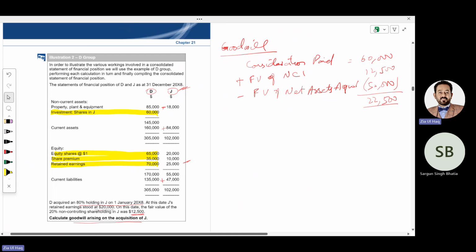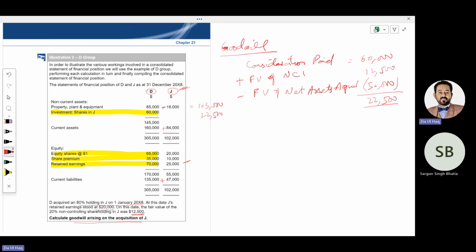If we prepare consolidated financial statements, these will be added together: 103,000. Instead of this, there will be goodwill of 22,500.